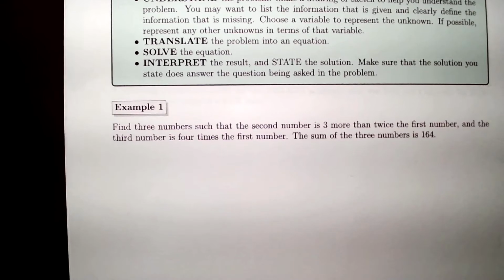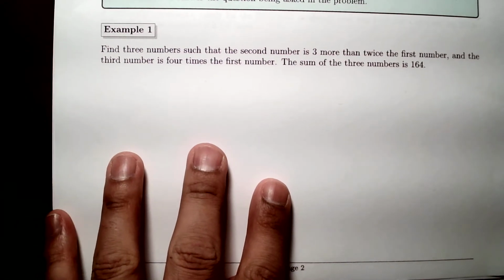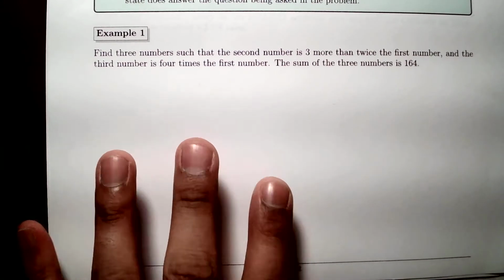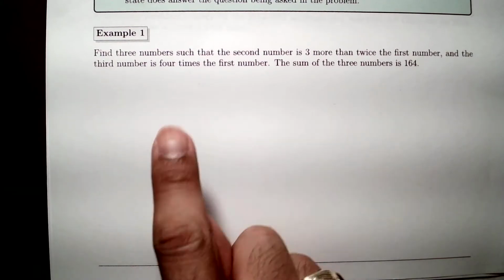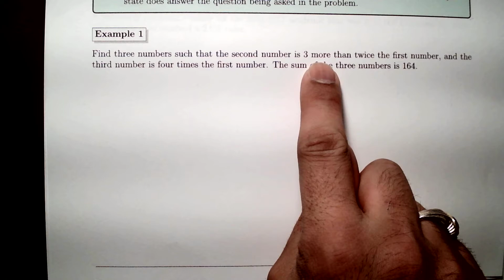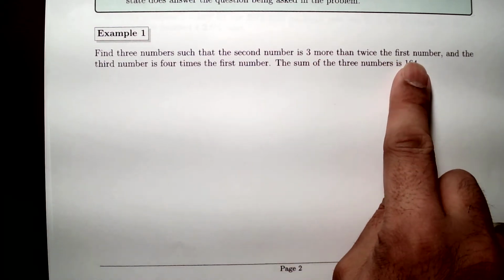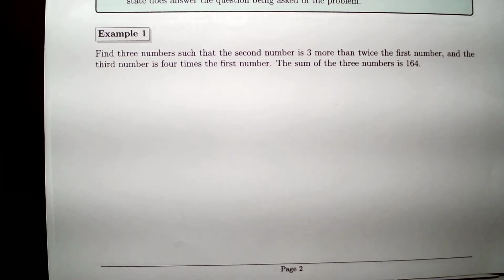All right, so let's look at one example. I think that's going to be a really good visual to actually be able to interpret this. Find three numbers such that the second number is 3 more than twice the first number, and the third number is 4 times the first number.